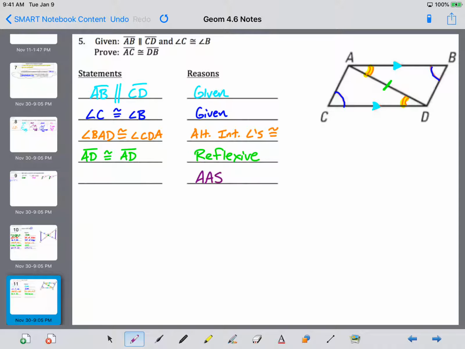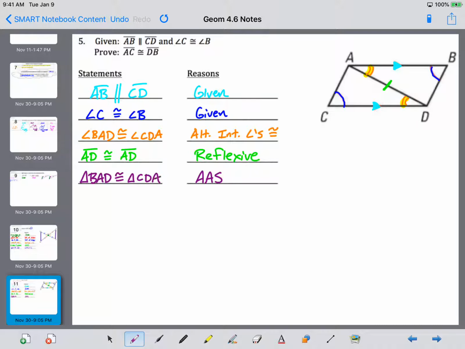So if we have the same angle, and the non-included side, so we don't know the side between those two, but now we actually can say that the triangle on the top, triangle BAD, is congruent to the triangle on the bottom, triangle CDA, because of that angle side postulate.